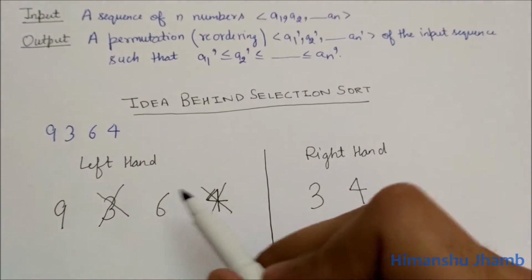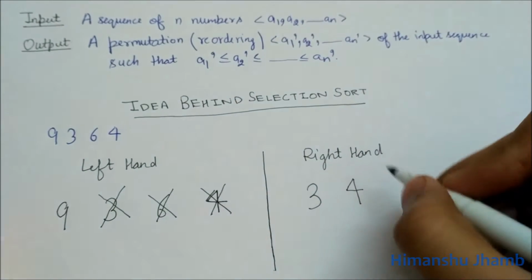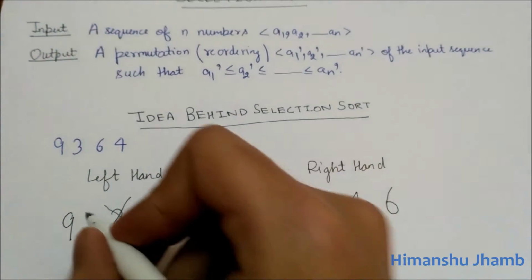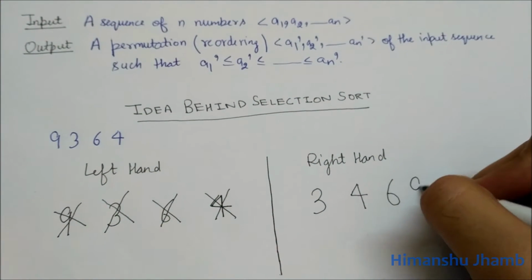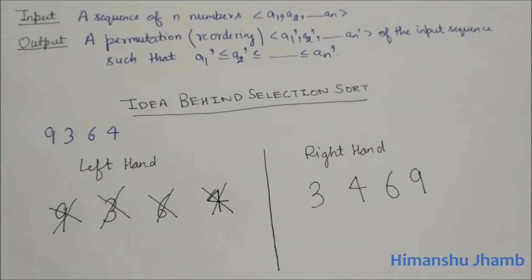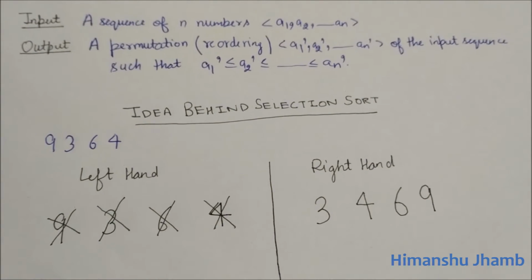Now we will pick again the minimum element from the remaining cards in the left hand. This is 6, and we move it to the right hand. And now the last left hand element would be in the rightmost position. So this is how the idea behind selection sort works.